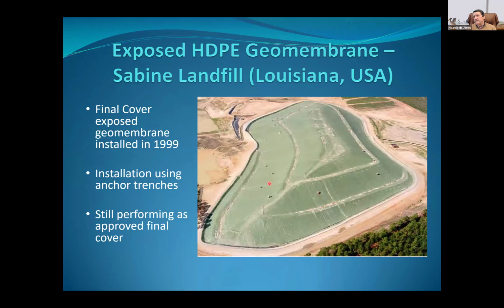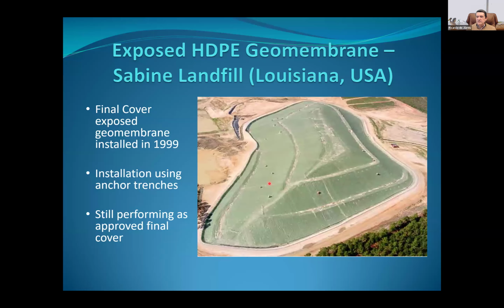And you have this typical case here in Louisiana, the Sabine landfill, where in 1999 the exposed HDPE geomembrane was installed. The installation here used an anchor trench. That's how you anchor that particular geomembrane, and the site still performs as an approved final cover.